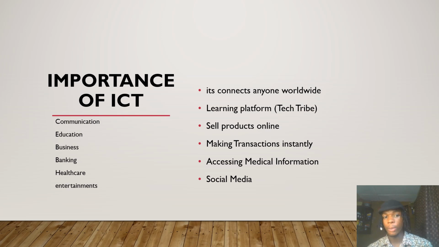We use them to make transactions instantly, even with your normal banks. For healthcare, we use ICT to access medical information, and for entertainment we have social media: TikTok, Instagram, WhatsApp, YouTube are all examples of entertainment. So we use ICT basically to do all these things.